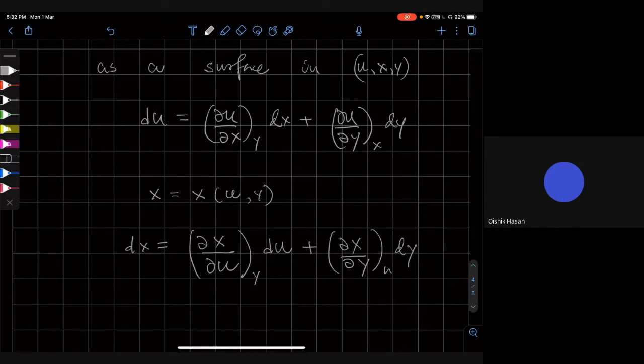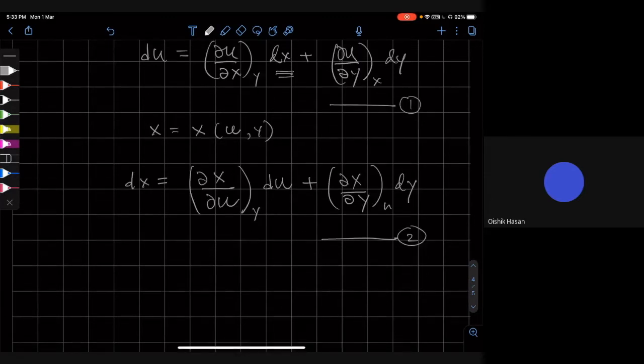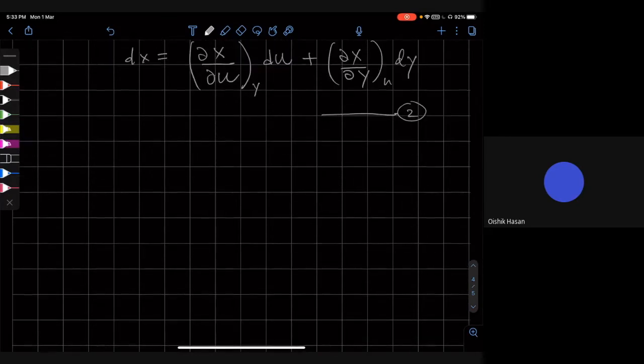So now what we can do is take this equation, let's call this equation 2, and insert it in equation 1. So we eliminate dx using this. Then what do we get? We get du on the left-hand side.